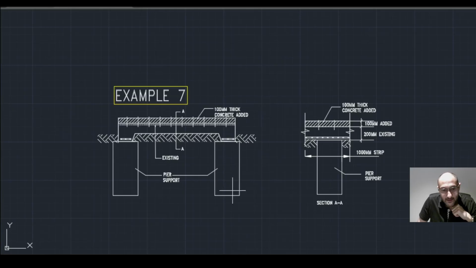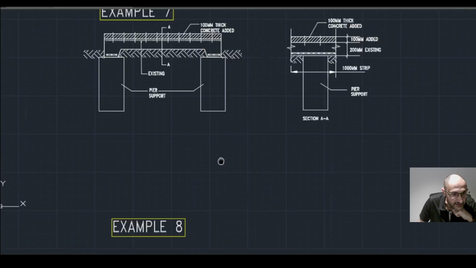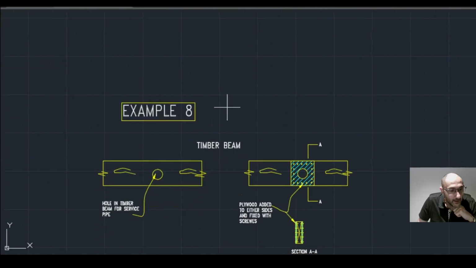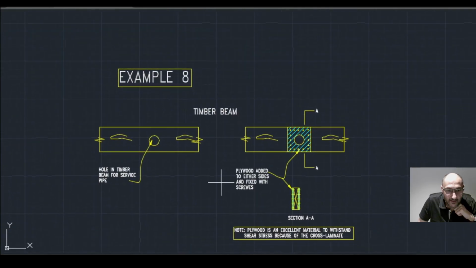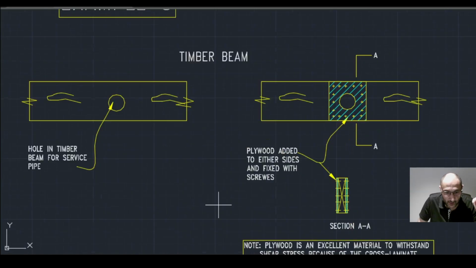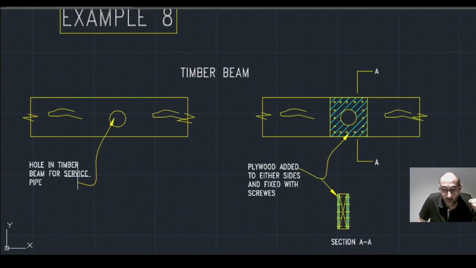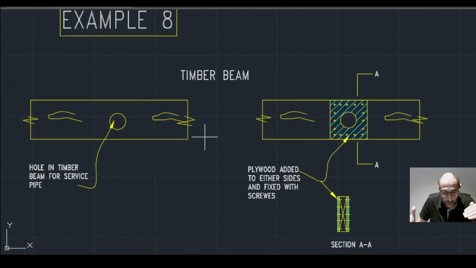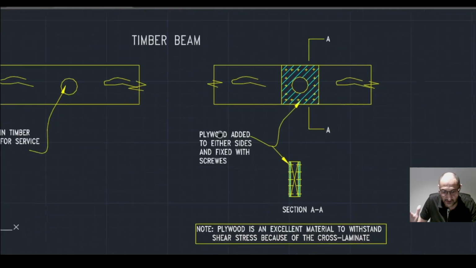Example 8, and I think this is the final one for this presentation. Here we have a timber beam with a hole to allow for service pipes. And one of the solutions to this is to provide a high-grade plywood board to either side, as shown here.